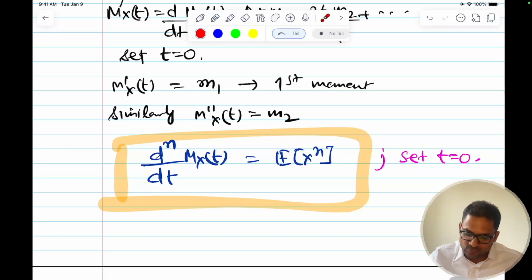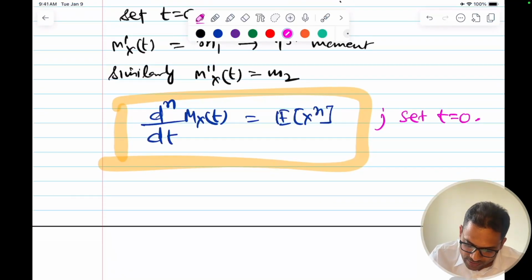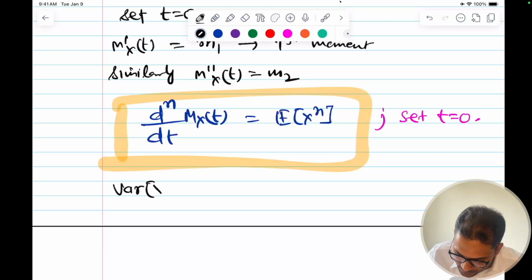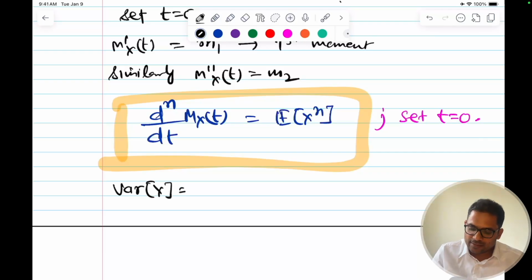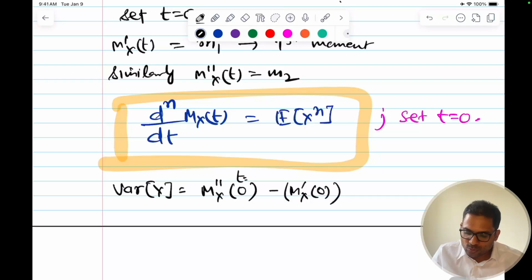Then if I have to write variance, how will I write it? For example, variance of x. Can we write it as M dash dash of x at 0, I'm putting t equal to 0 directly, minus M dash of x at 0 whole square?